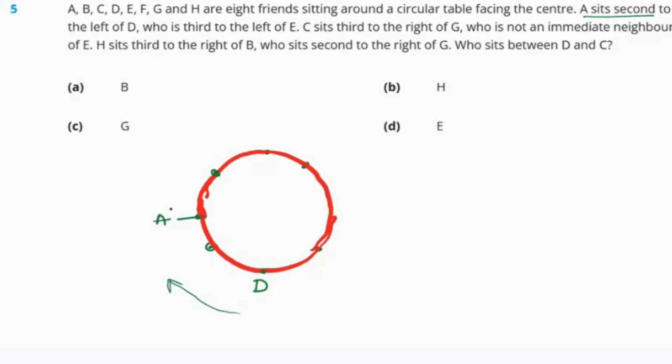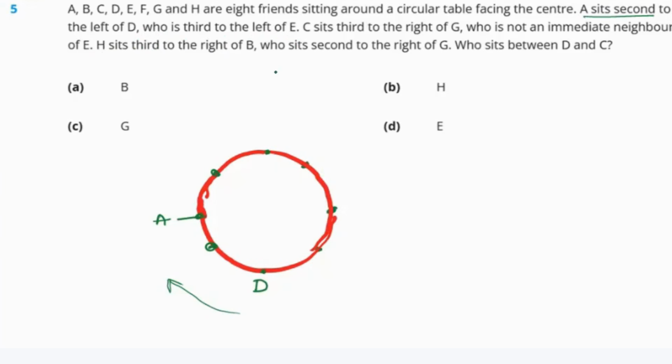Now this D is third to the left of E, which means E should be in the right direction of D. 1, 2, 3, 4, 5, 6, 7. Okay, D should be third to the left of E, so E should be here.